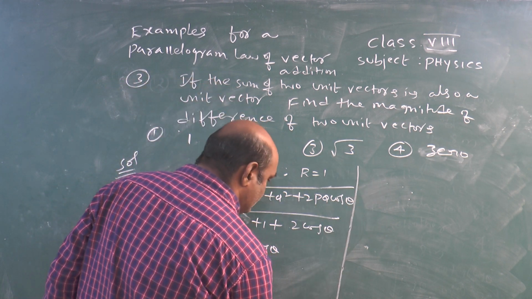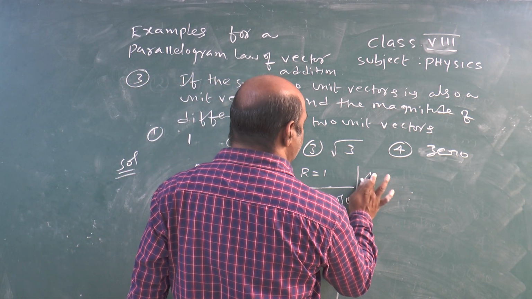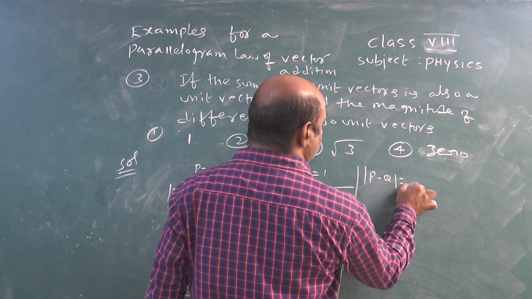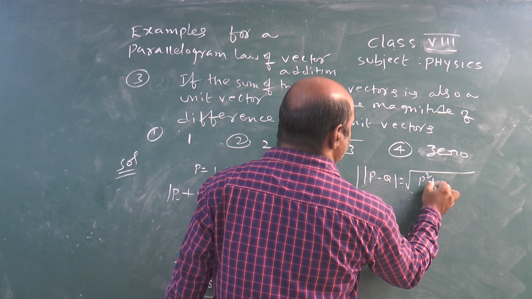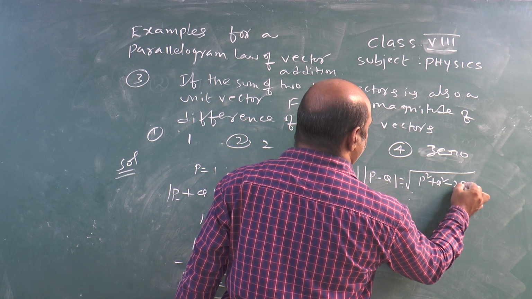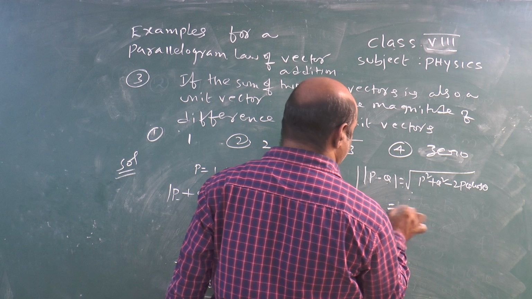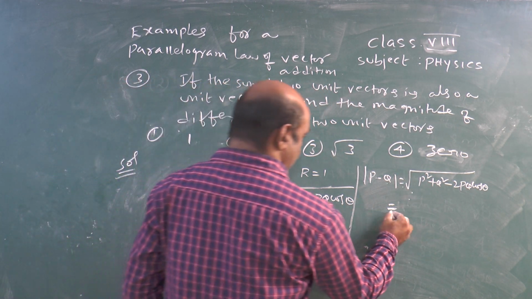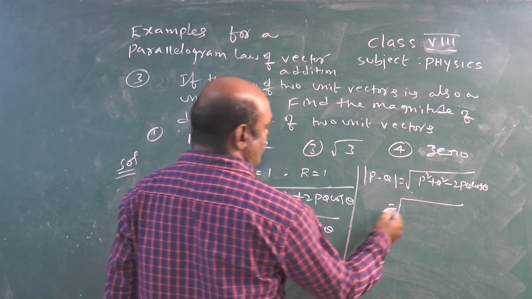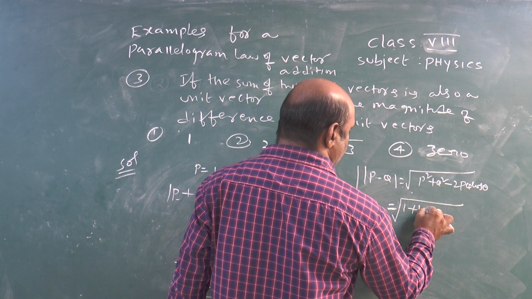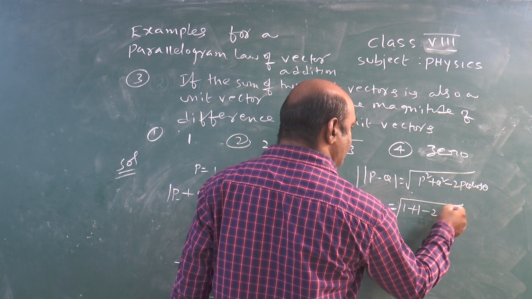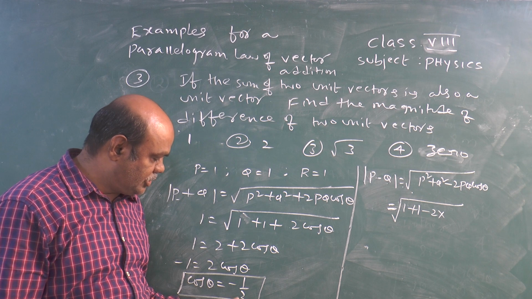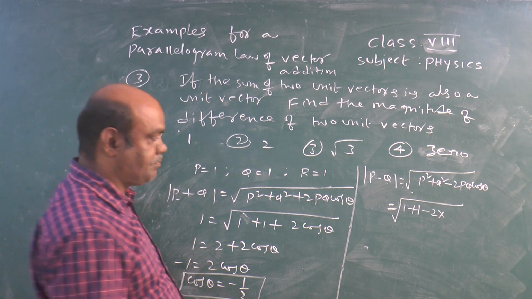But what they are asking in this problem is the difference of the two vectors, P minus Q. The formula is the square root of P square plus Q square minus 2PQ cos theta. For unit vectors, that is 1 plus 1 minus 2 into 1 into 1, with cos theta value from the previous condition, minus 1 by 2.